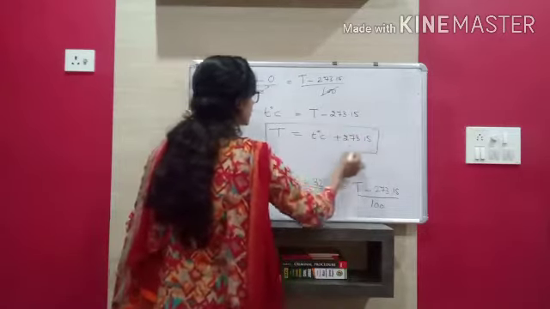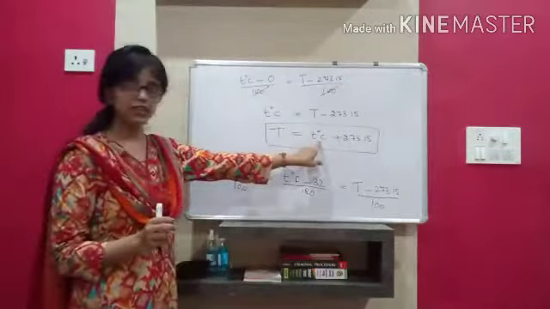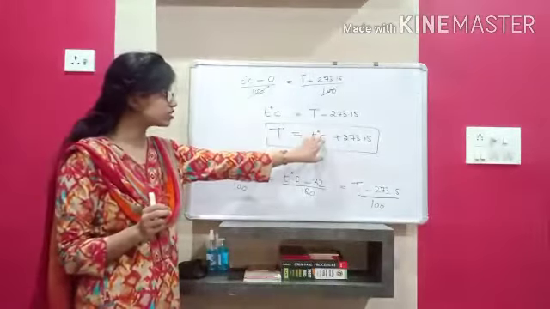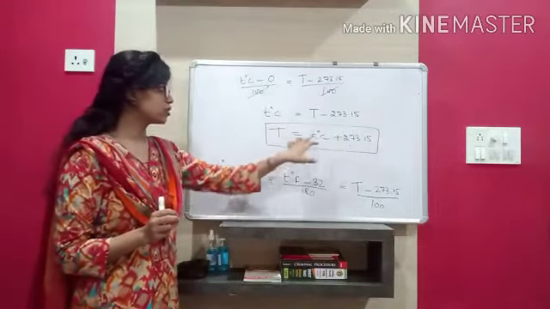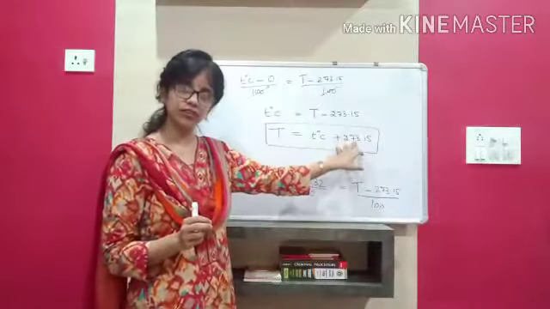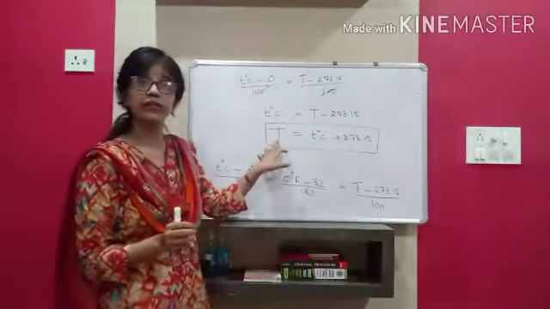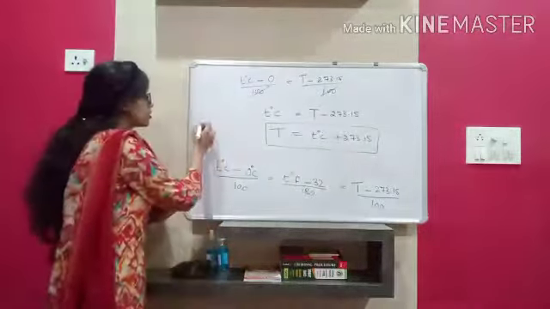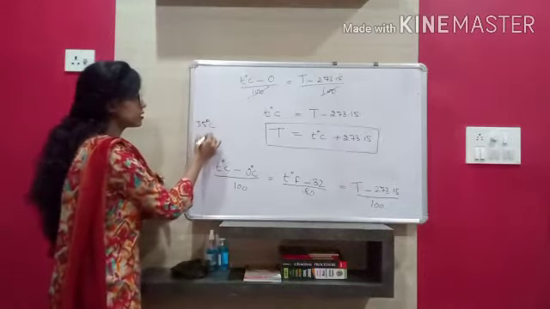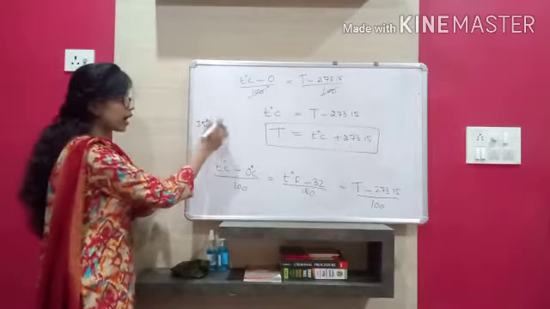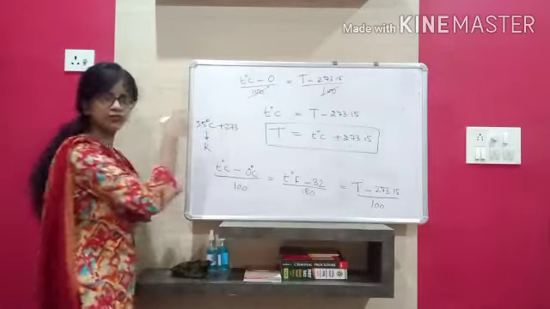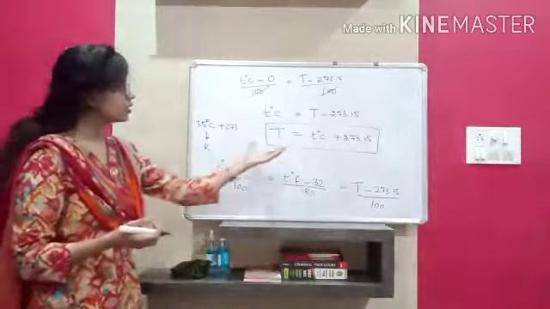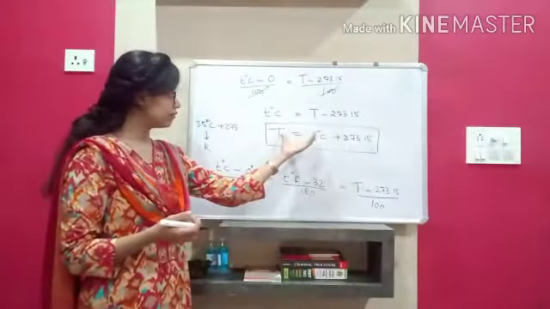That means if you want to change any temperature like 30 degrees Celsius or 40 degrees Celsius into Kelvin, you just have to add 273.15 and you will get the temperature in Kelvin. That's what we have learned, that if we want to change 35 degrees Celsius into Kelvin, we have to add 273, and that's how we are getting it.